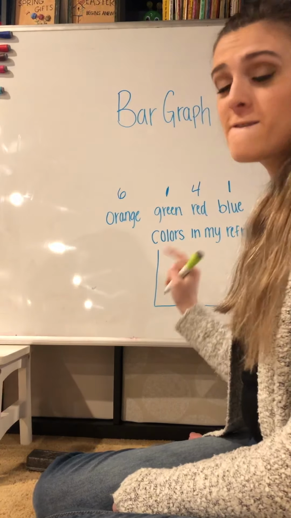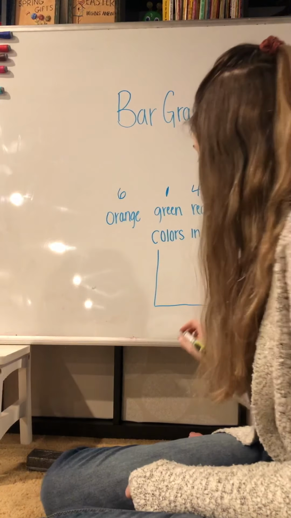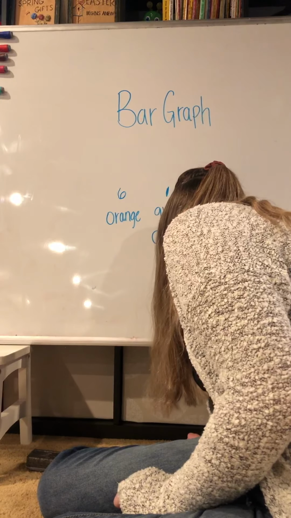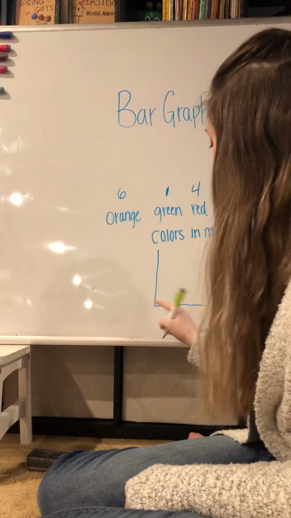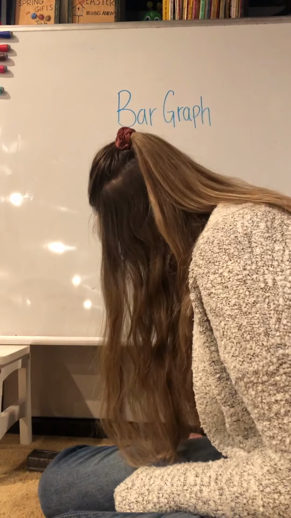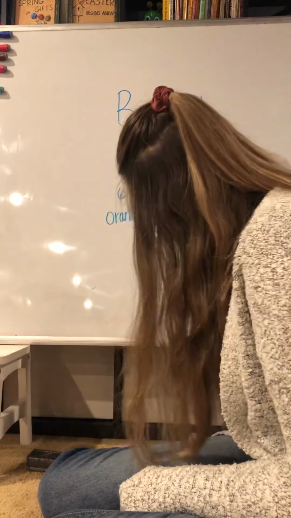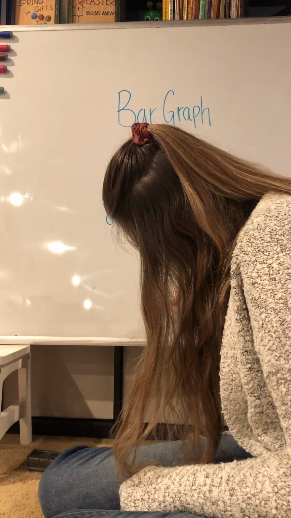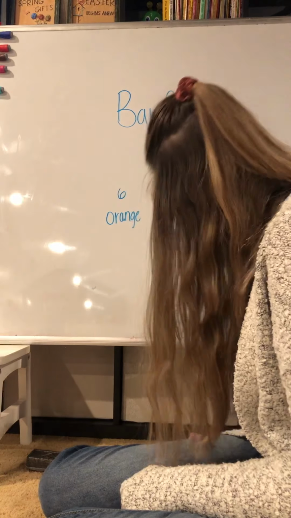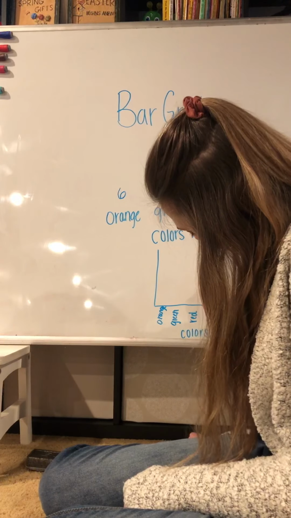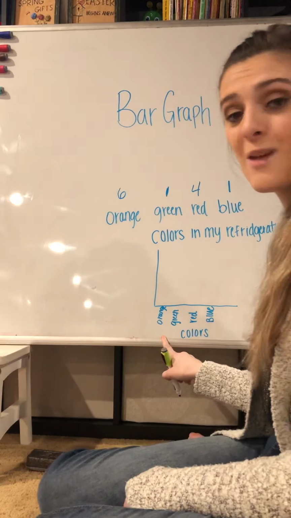We're going to draw our vertical bar graph. And down here, we're going to label this. We're going to say colors. And then here, I will label it: orange, green, red, and blue. So I have my colors labeled.